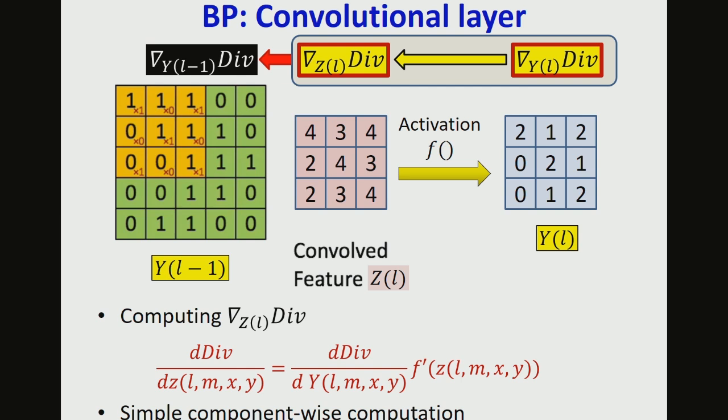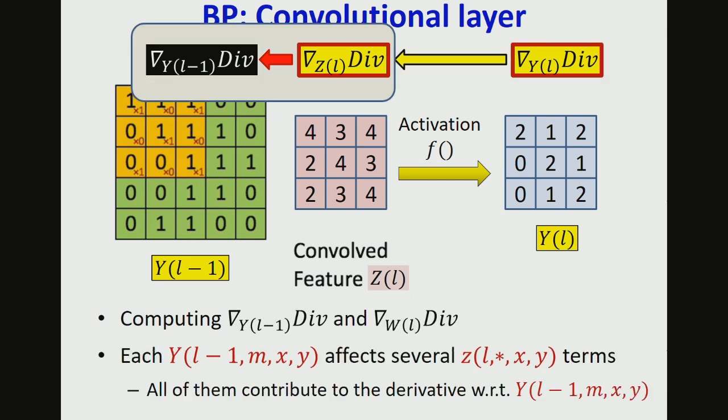The derivative with respect to Z at any position for any map is simply the derivative with respect to Y at that position in that map times the derivative of the activation function at that Z. This is straightforward. The challenge is, how do you compute this guy?